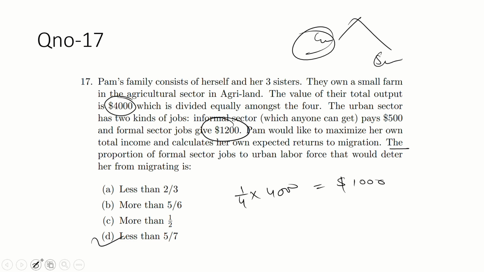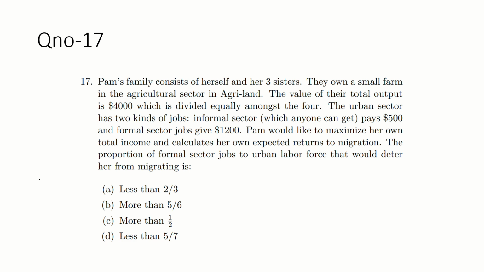In the same way, the farm family has two options: to do the agriculture work, or go out to the urban sectors and do formal and informal sector work, and the payoff is also given. If they work in the informal sector, the payoff is 500, and in the formal sector it is 1200. But the point, guys, is that the farm family wants to maximize her own total income.